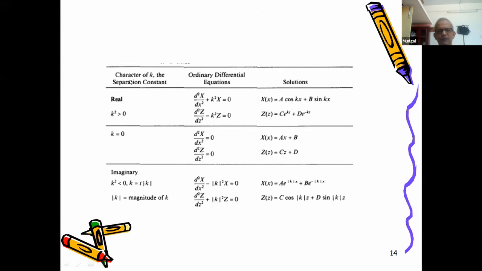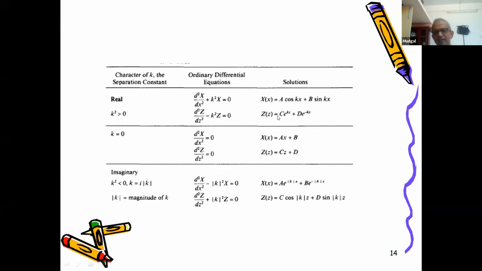Regarding the character of k, it could be real. When it's real, k square is greater than 0, and the solution would be a cos kx plus b sin kx.